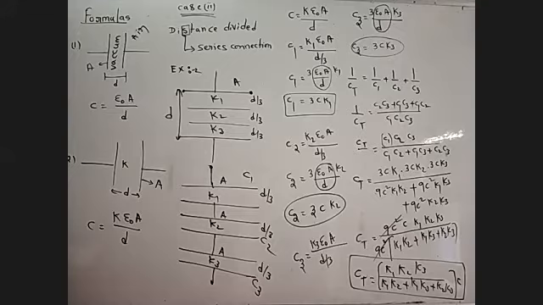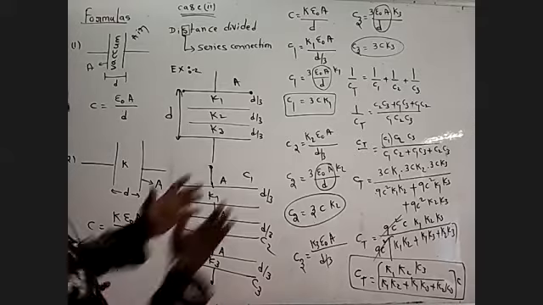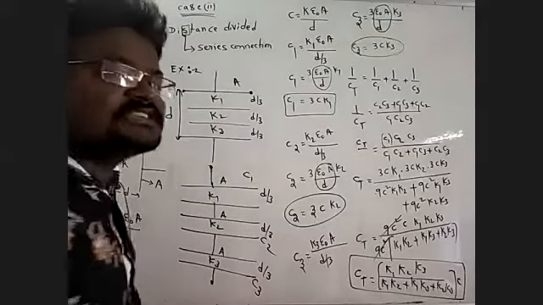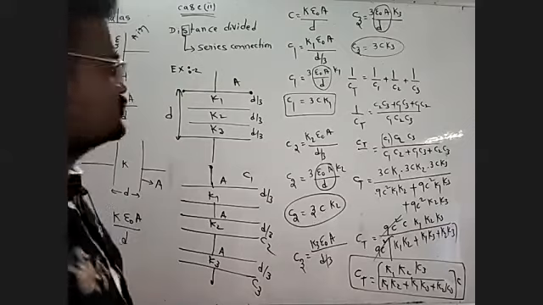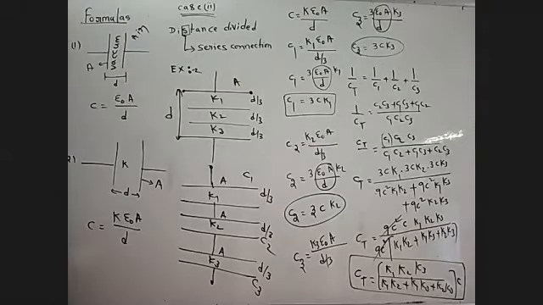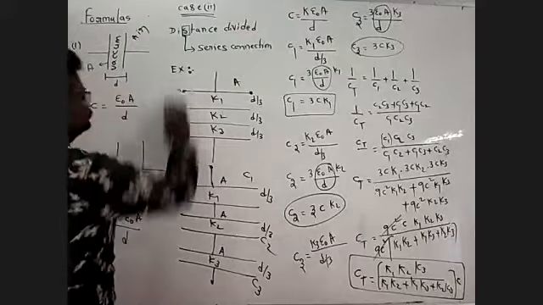This is the formula for C total value. This is some example number 2. Next, the mixed combination, some mixed problem, series and parallel combination. Example number 3.